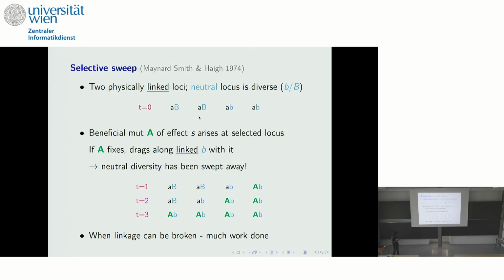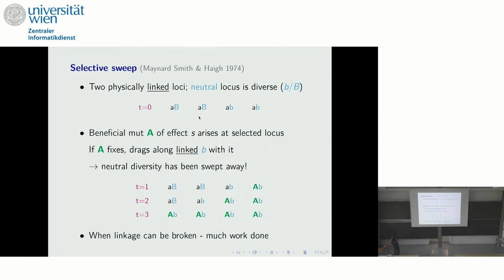Because this one is beneficial, it spread, but because of the linkage, it dragged along that little b with it. I started with a population with both capital B and little b, but now I have only little b's left. So in this extreme case, neutral genetic diversity is 0. That's the basic idea: linked selection will reduce genetic diversity. It sweeps away the genetic diversity.